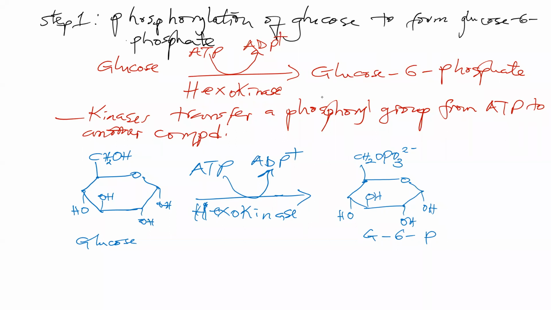Okay, so that is step number one. The phosphorylation of glucose to form glucose 6-phosphate. Let's go to step number two. So step number two is basically the isomerization of glucose 6-phosphate into fructose 6-phosphate.